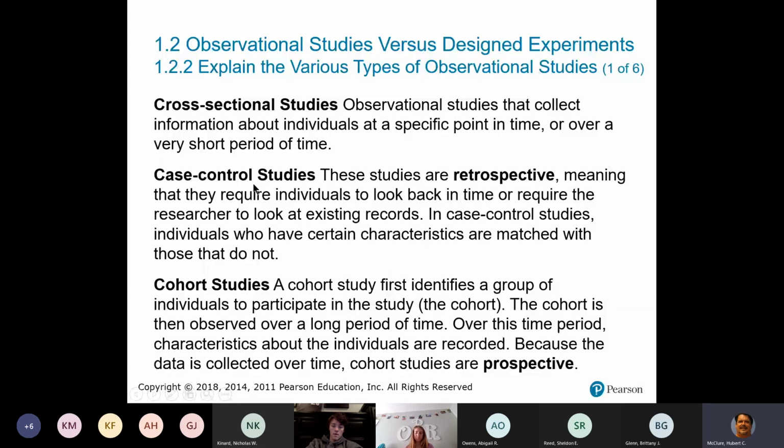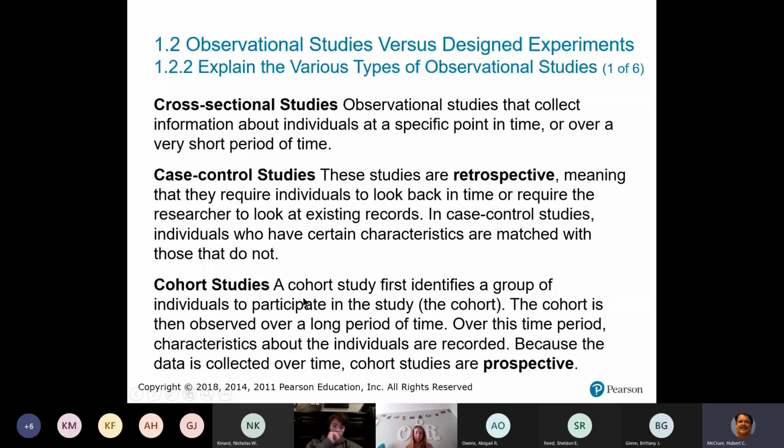Case control would be retrospective with cross-sectional. That's basically what that is. But you don't have to do that for my test. You might write that down for later if you take more probability and statistics courses.